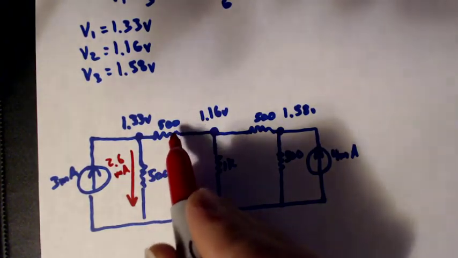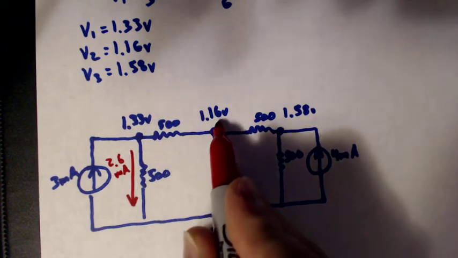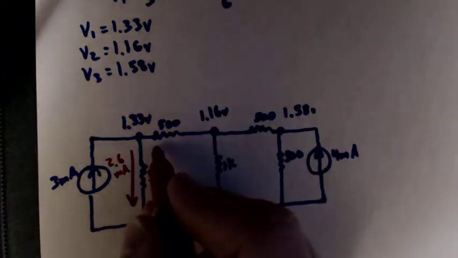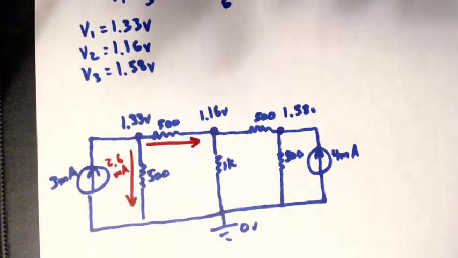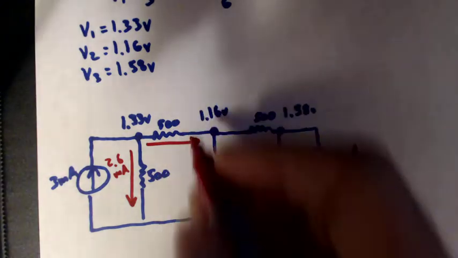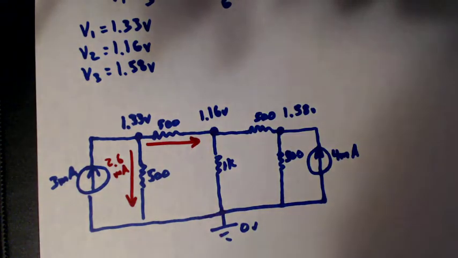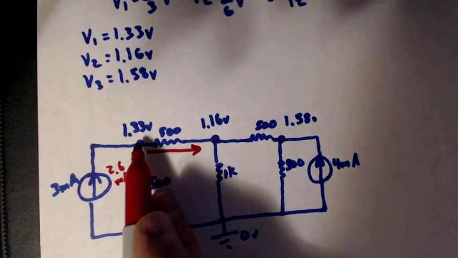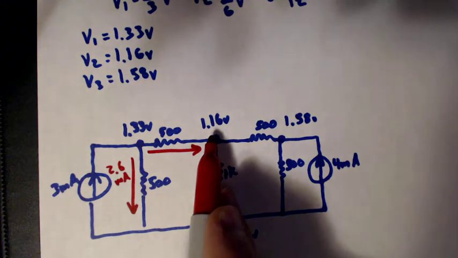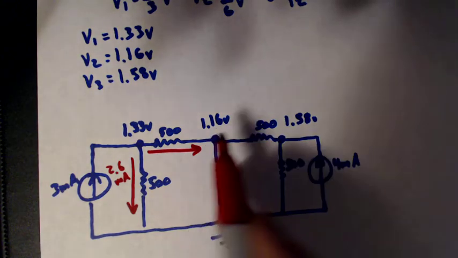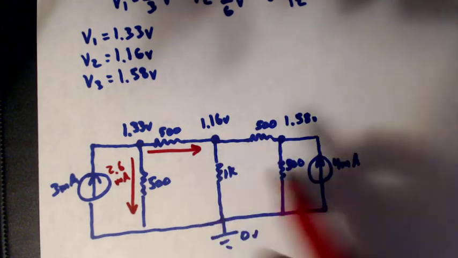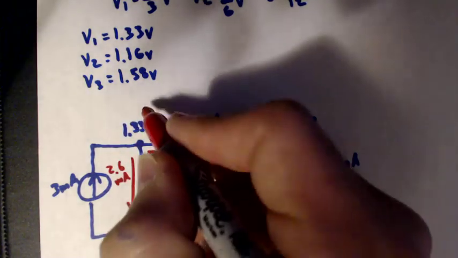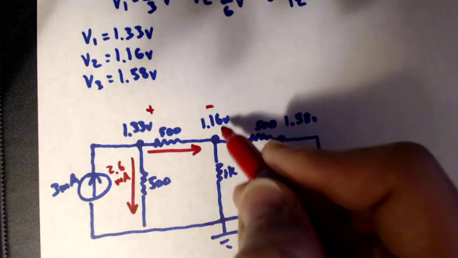Again, current always goes from a higher voltage to a lower voltage. 1.33 is higher than 1.16. Current is actually going that way. And if we want to know the magnitude of this voltage, well, just take 1.33 and subtract from it 1.16, right? And if it helps, you can go ahead and again look at the polarity to help you out. Current always goes from a higher to a lower, plus 1.33 minus 1.16.